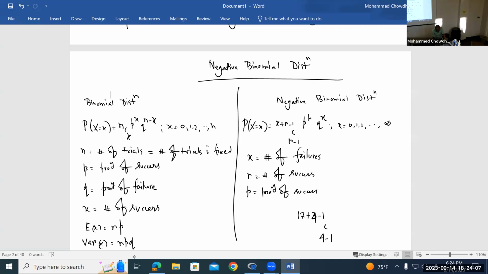Among these, 17 failures and then 4 successes minus 1. So that means he got 3 successes in here, right? Take a look at that. 4 minus 1 equals what? 3, right? So 17 is the fixed x, and then r, I put here 4, but 4 minus 1, right?